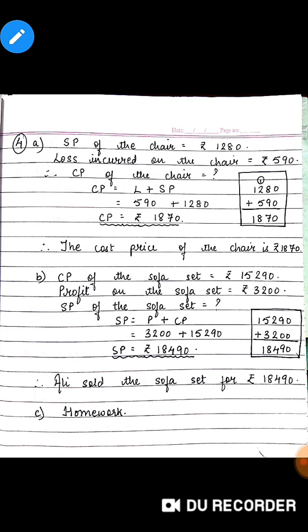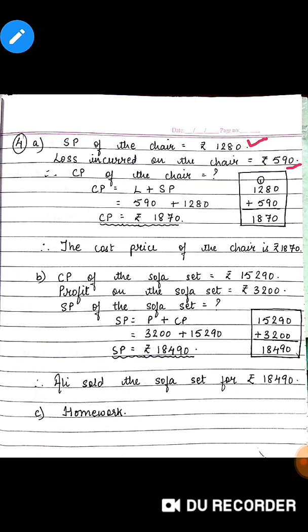In this question, the selling price of the chair is given to you as rupees 1280, and the loss he made on the chair is rupees 590. They are asking you to find the cost price of the chair.